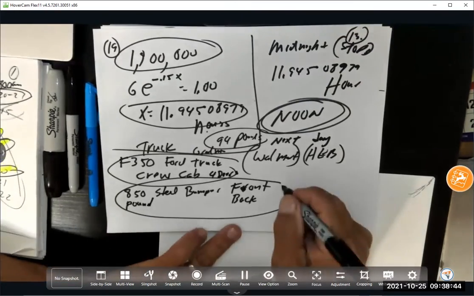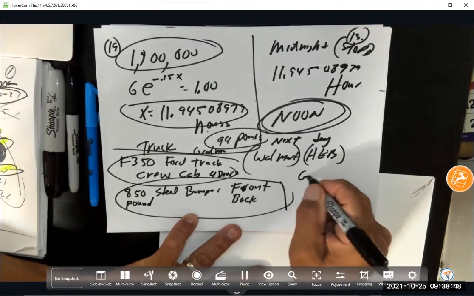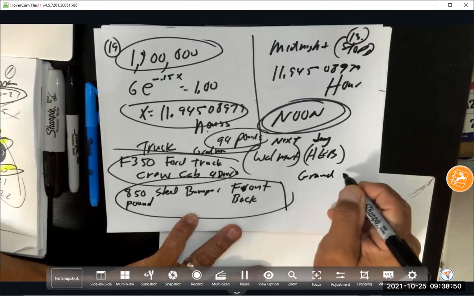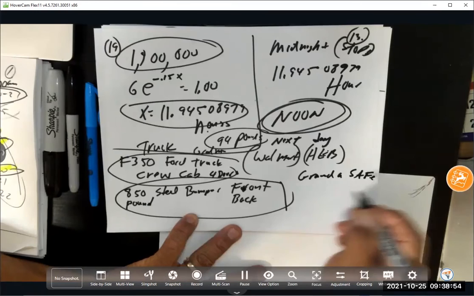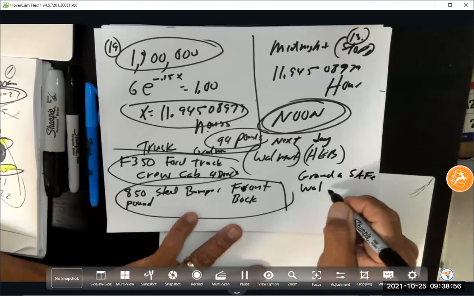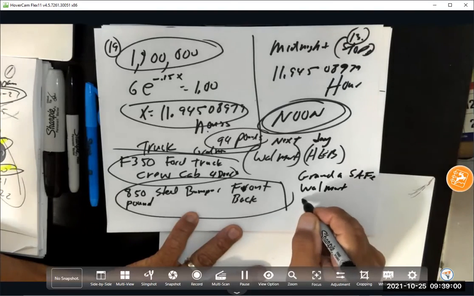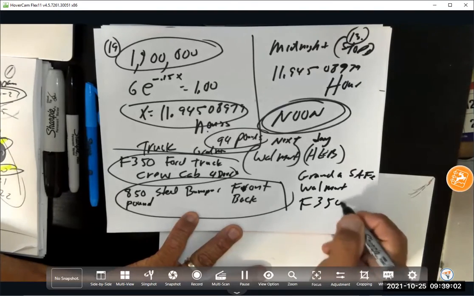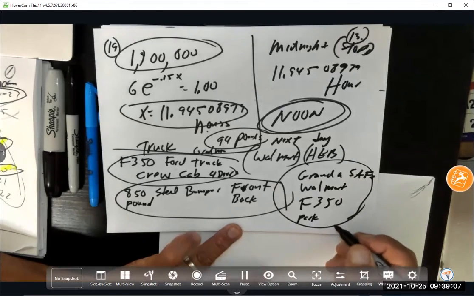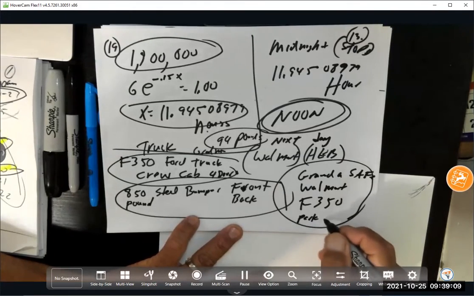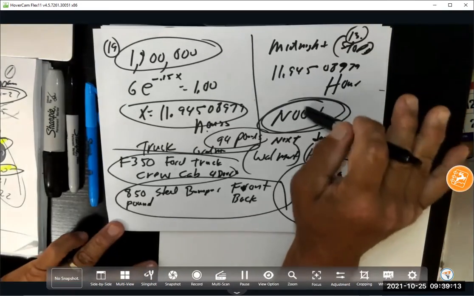So here's my question to you, last question before we get out of here. Is grandma safe when she drives at Walmart in her F-350 truck? Yes or no? Think she's okay? She's safe in that truck driving around the parking lot at Walmart? Yes. I would say she's really safe. Anytime, whenever she wants to go, it doesn't matter. By afternoon, of course.